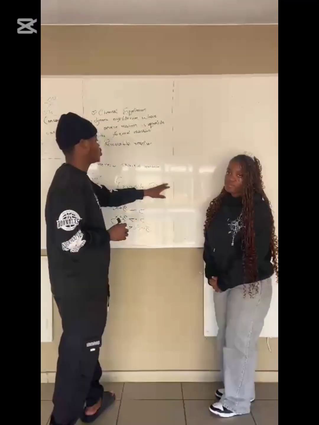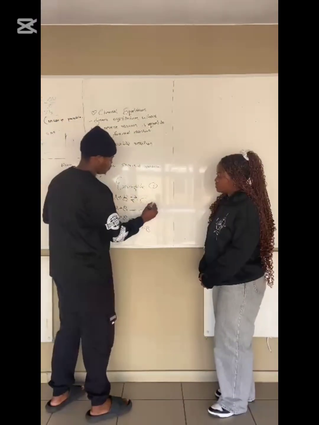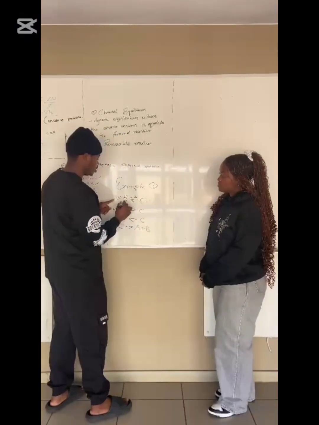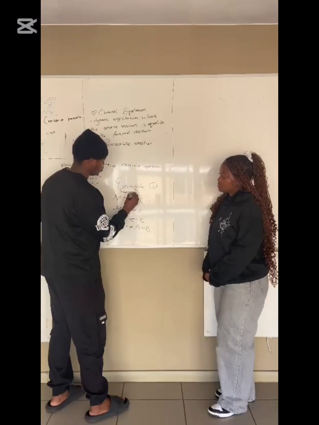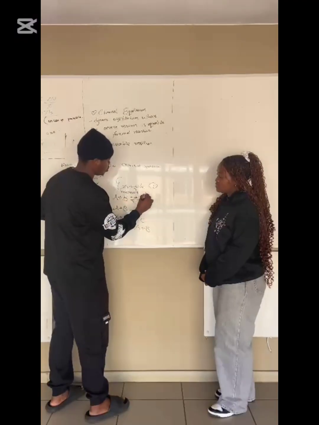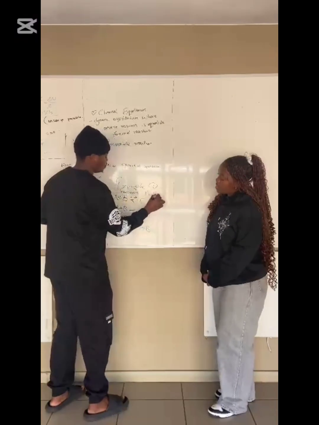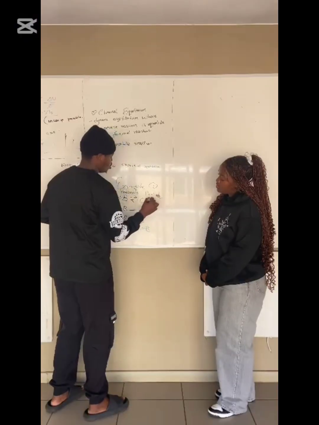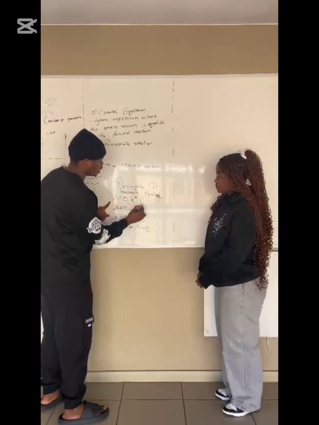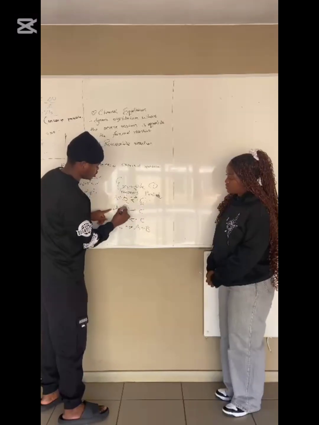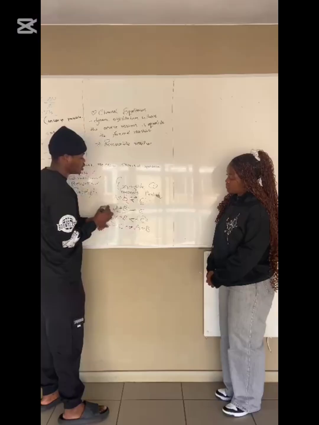Alright, so continuing from this, if we take these ones as our reactants, and this one is going to be our product, it means that this can change into this, just as we demonstrated here, and this can also change into this.